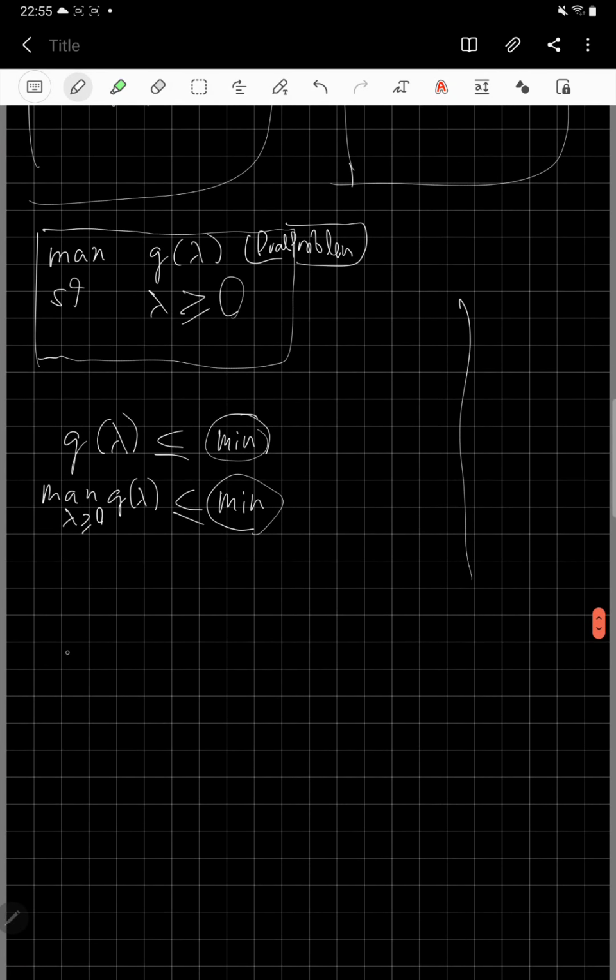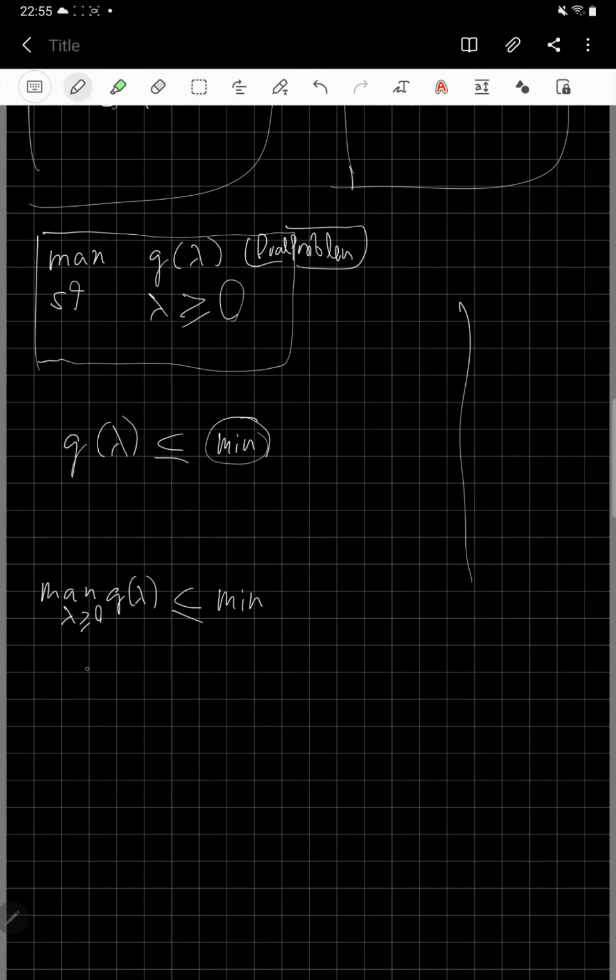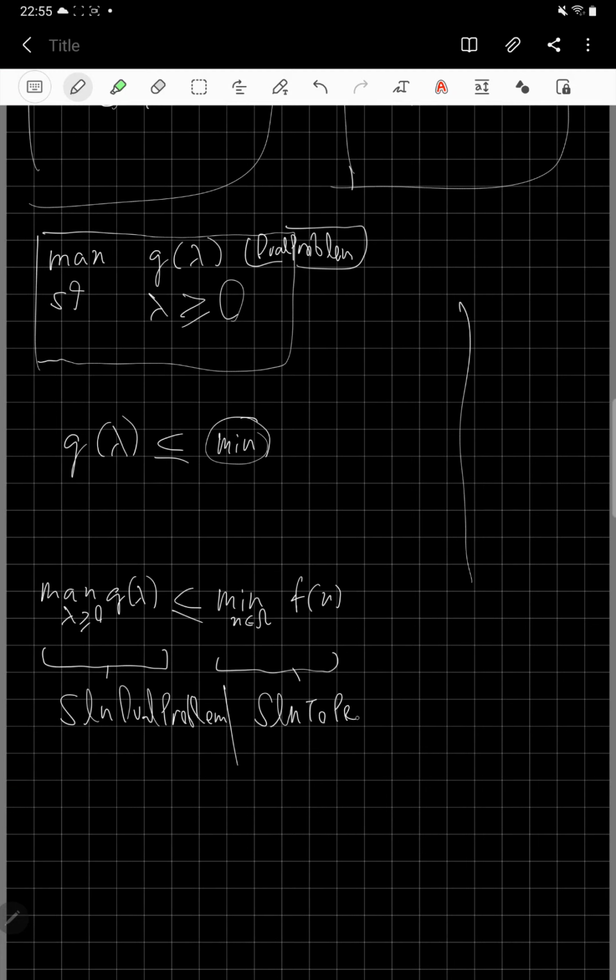And this problem is the dual problem, and this is the solution to the dual problem. And this minimum is going to be the solution to the initial problem, which you call the primal problem.